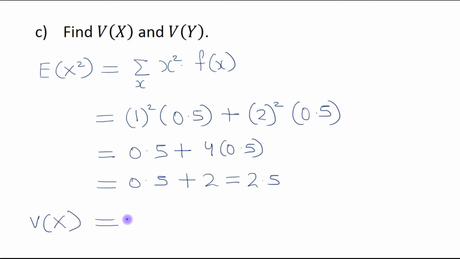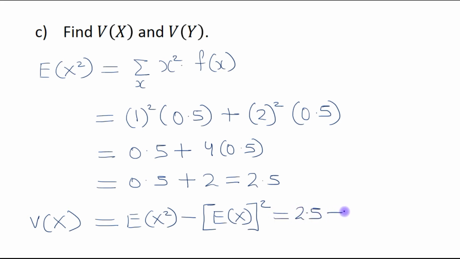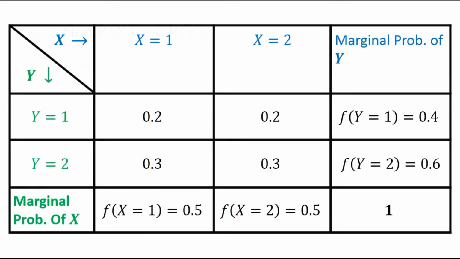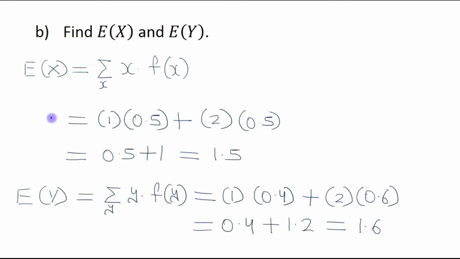Okay, now variance of x, which is E x square minus E x whole square. So which means 2.5 minus expected value of x was 1.5.